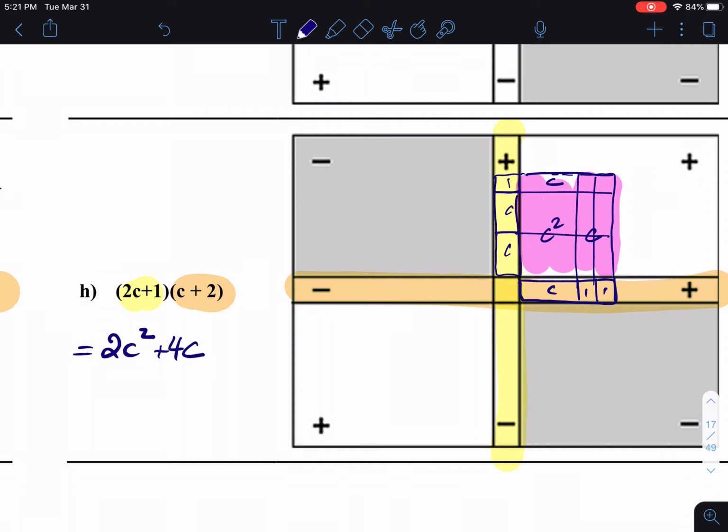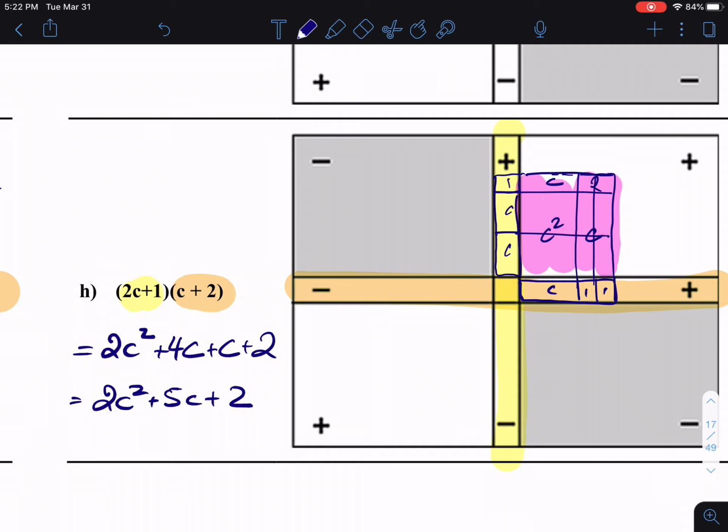Oh, and there's another c in there, plus 2. We have c's in a couple of different places, so we could simplify them visually and write them as 5 c's altogether. So we have the expression for the area.